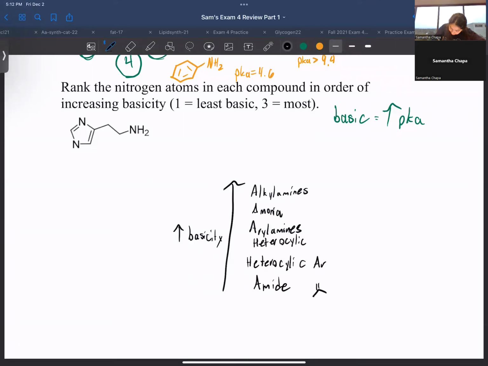Amides look like this. The least basic. Heterocyclic that contributes to aromaticity looks like this. I believe this is pyrrole, I think. I'm not sure. For this next one, I'm going to use pyridine.